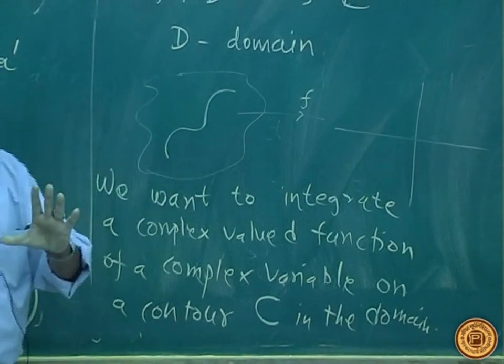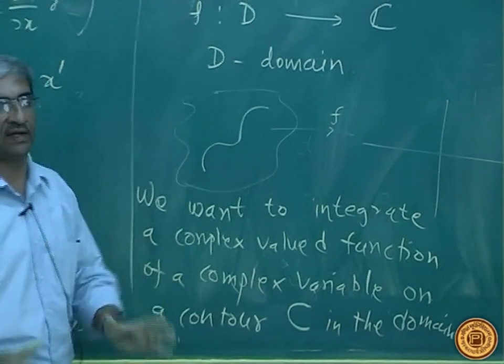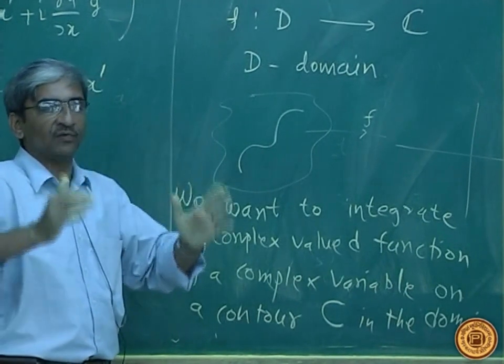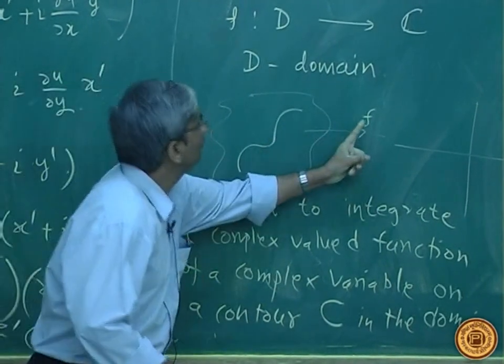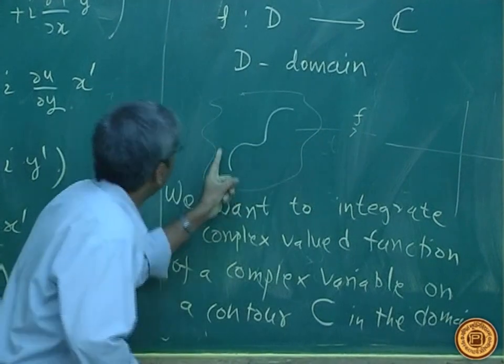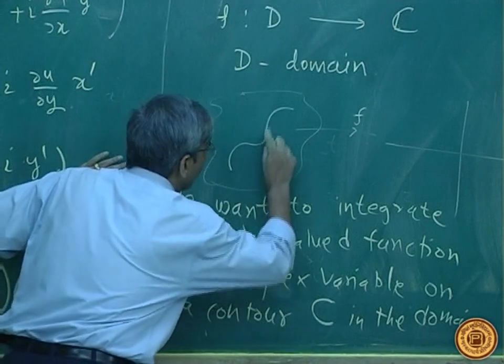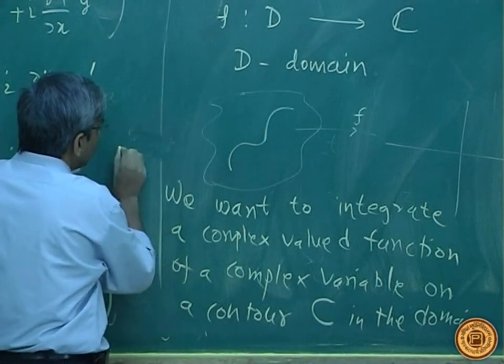Now what does this mean? What do we mean by that? That is exactly what we are going to define: what do we mean by integration of this function on this contour? And we already know this contour means it has some parameterization.